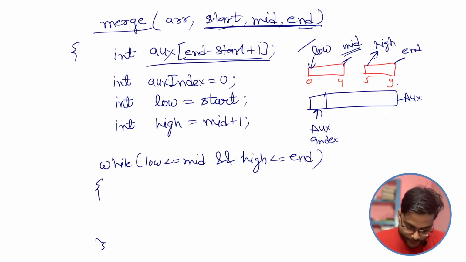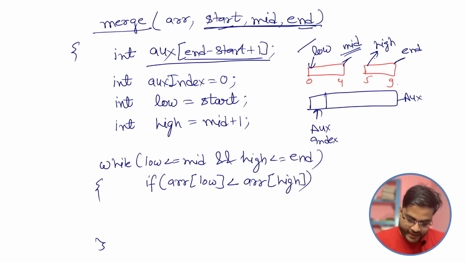So I will compare the element at my low index and at my high index. If this element is less than this element, then we will store this element in our auxiliary array.